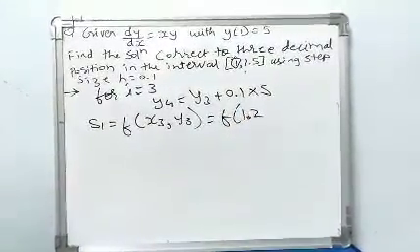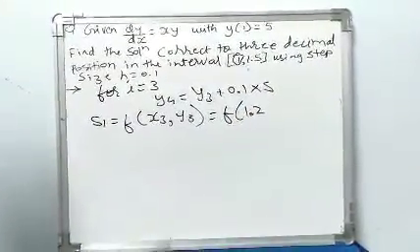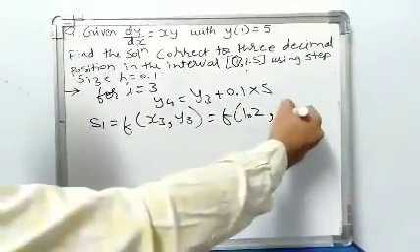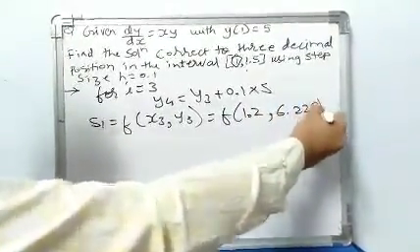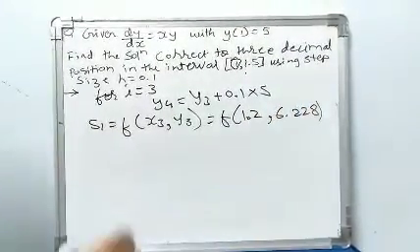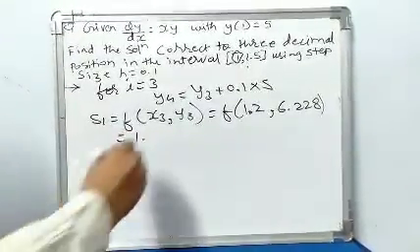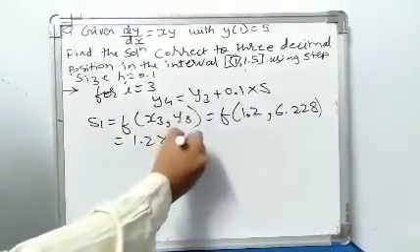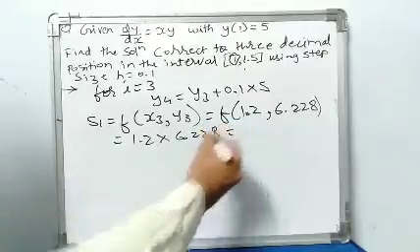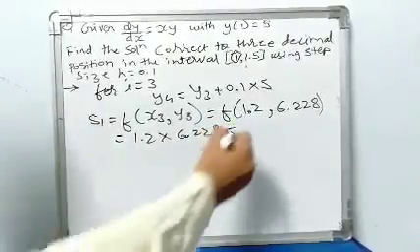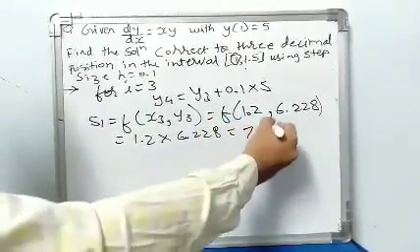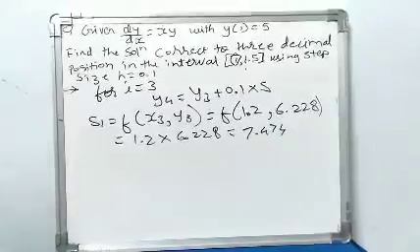What is the value of y3 that we got earlier? That is 6.228. So that is equal to 1.2 into 6.228, that we get as 7.474. It is approximate, right?